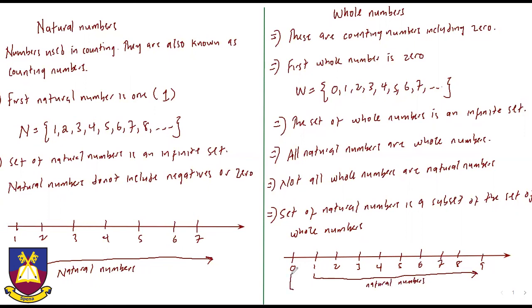And the numbers from 0 up to infinity are whole numbers. That's all about whole numbers and natural numbers.